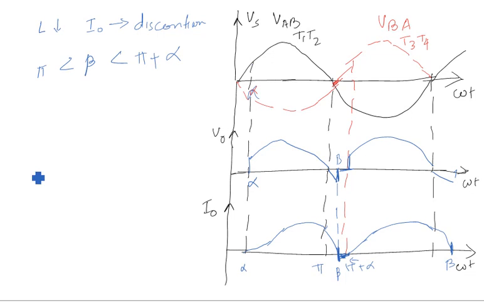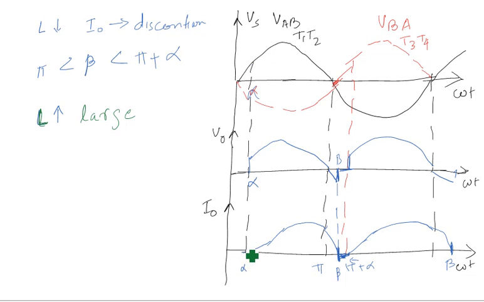Let us assume what happens if we have a very large inductor, a high inductance. I am changing the pen. Now the cycle will be the green cycle. The inductor is of very large value. So what happens if your inductor is very large?